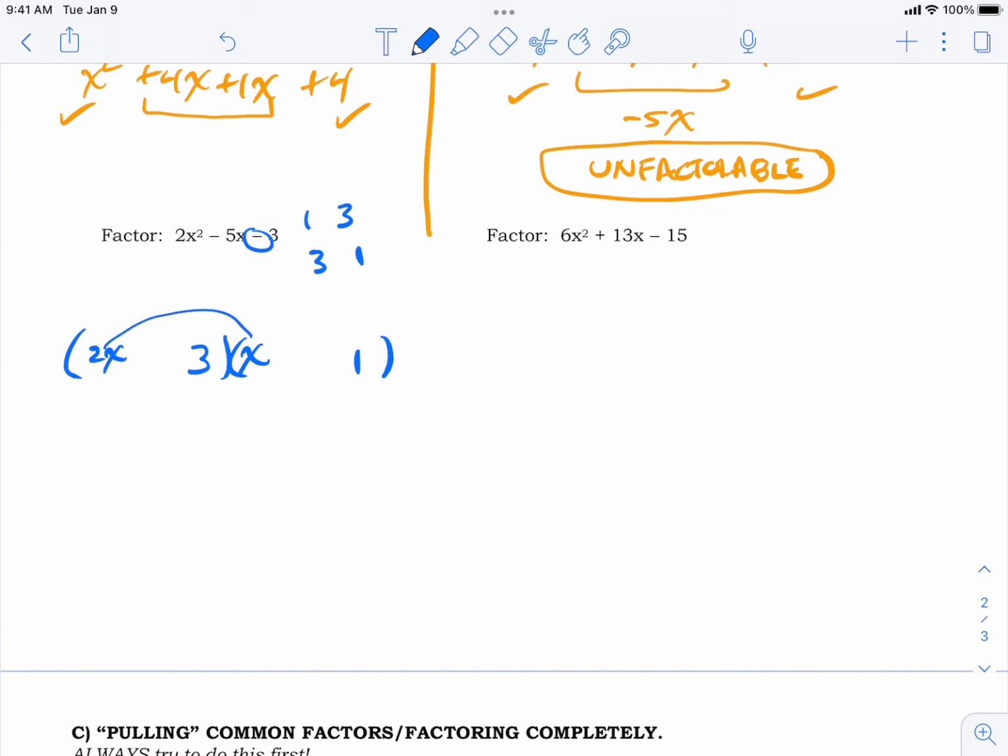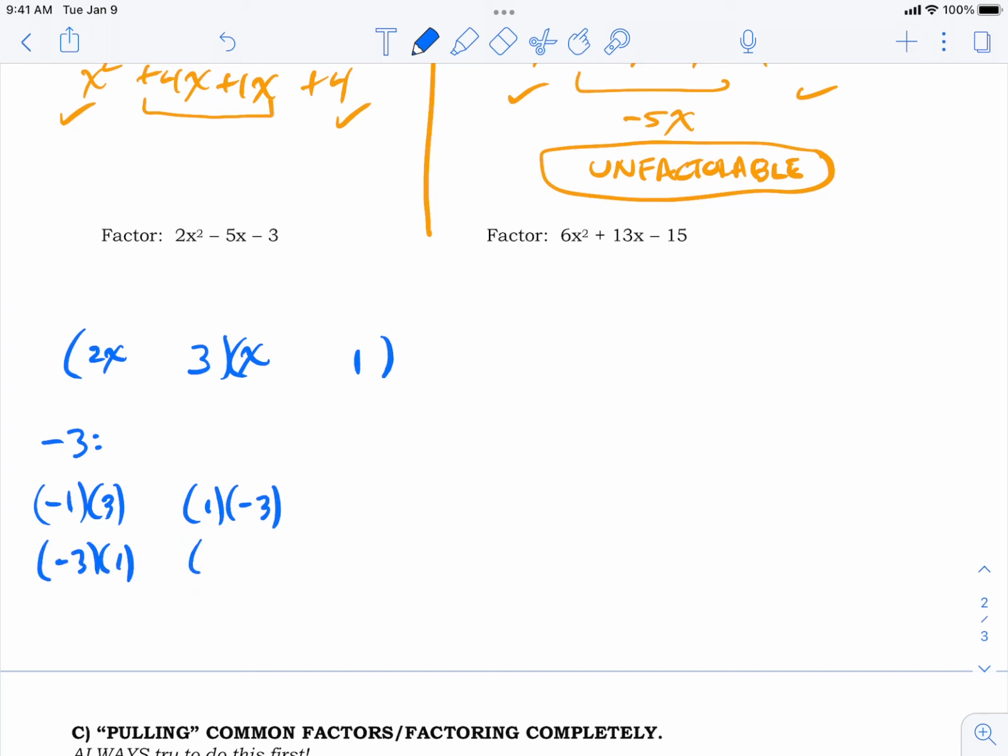Oh, and then we got to think about these signs here. It's a negative 3. All right, let's slow down a little bit. What are all the ways you can break up a negative 3? You can multiply negative 1 times 3, or positive 1 times negative 3, or negative 3 times positive 1, or 3 times a negative 1.